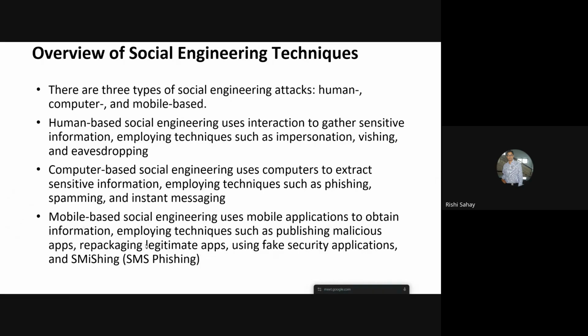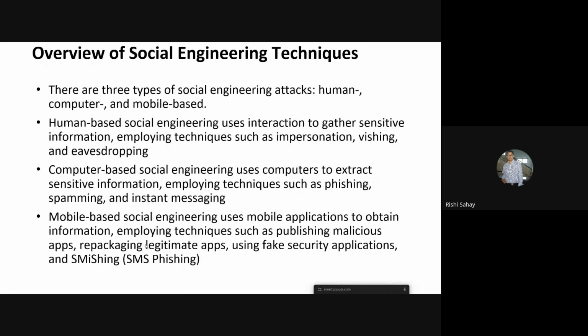Maybe they will ask someone to provide access to their computers, or send phishing emails, and the person will open them and provide confidential information like a username and password, and that will enable the attackers to get access to the infrastructure.